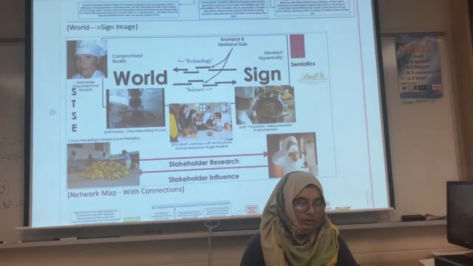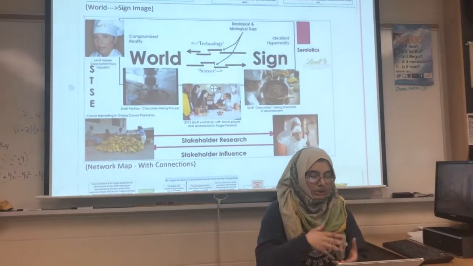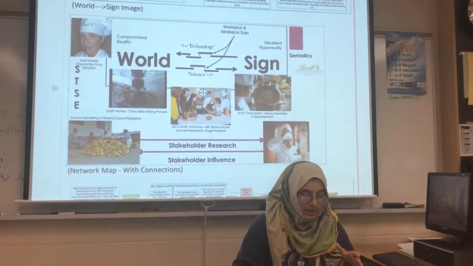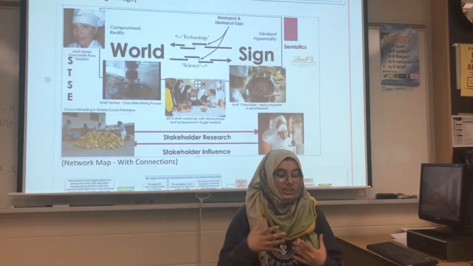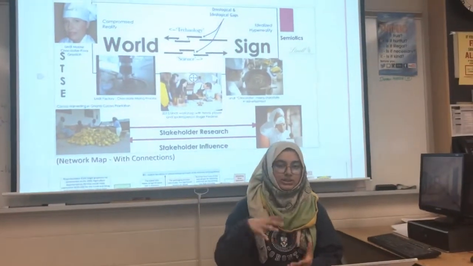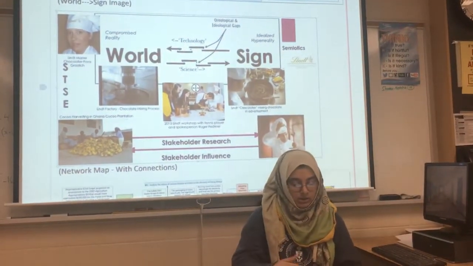So you have how they're harvesting cocoa and how they actually make it at the plants. It's not individual, and who actually makes it. And then you also have the middle where they have these advertising events to show a sense of fanciness, but there's also a sense of realism there as well.